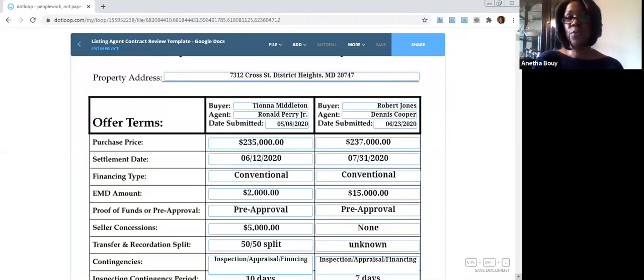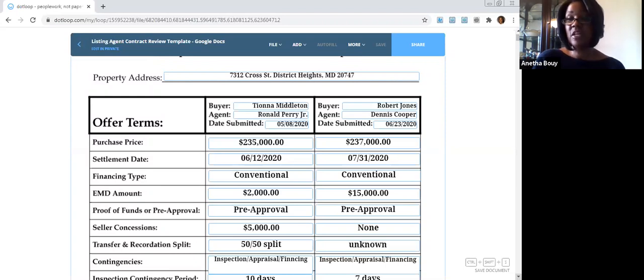It's wonderful to get those offers. However, we want to make sure they have a clear picture of the complete offer so that we can be assured that the highest offer is in fact their best offer.